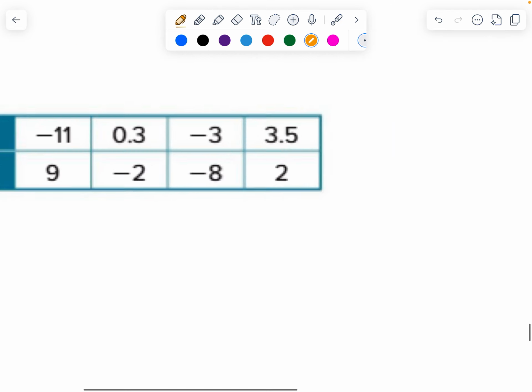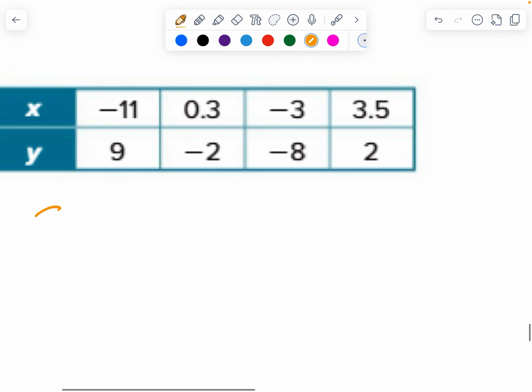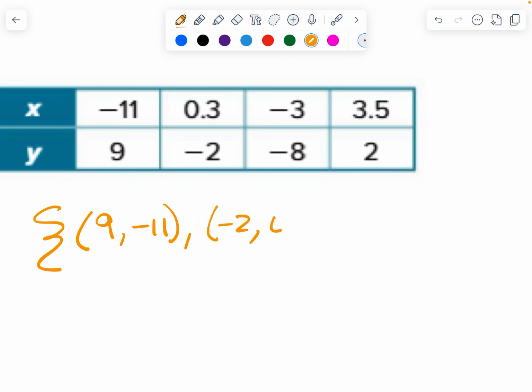Remember, if I switch this around, the x value is now 9, negative 11, negative 2, 0.3, negative 8, negative 3, and 2, 3.5. Oops, I forgot to put a comma there.